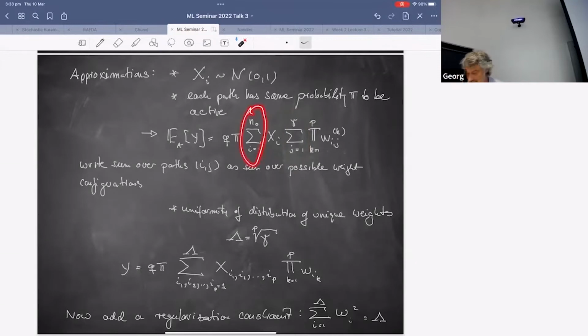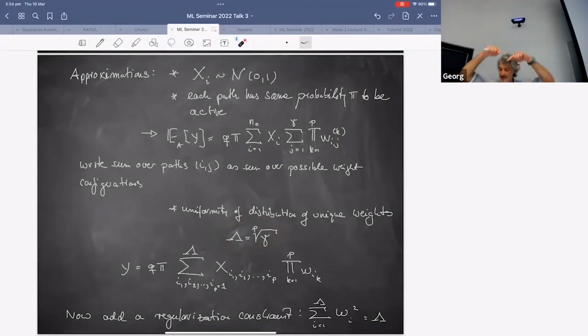Now, let's imagine in our network, there's some kind of uniformity there. So at each layer, we have basically, let's say, capital lambda weights. Okay, so it's uniformly distributed. In each layer, we have capital lambda weights. And they are now uniformly distributed. So in total, lambda to the power of p, so lambda times lambda through all the layers, is the number of paths that I can get. So that's gamma. So that's how we can define this lambda.